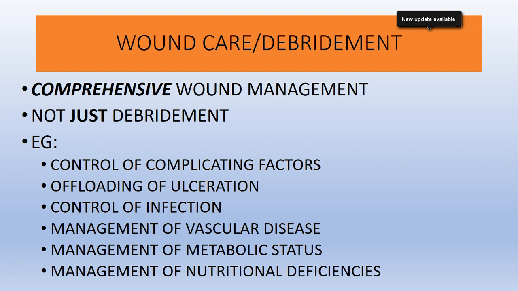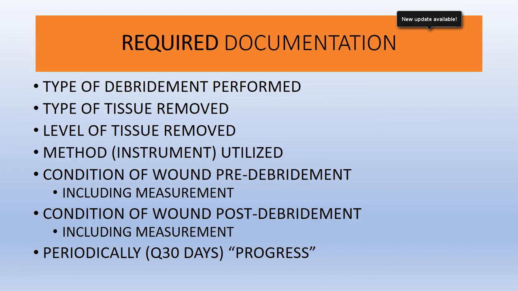So again, even if the primary purpose for a particular visit is that for debridement, you want to address other factors that are operative in the hopeful resolution of the wound. Nutritional deficiencies, what is their vascular status, what are you doing about offloading, assessing the patient for any evidence of contamination or infection, that type of thing.